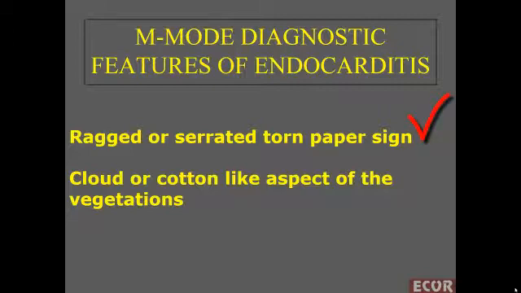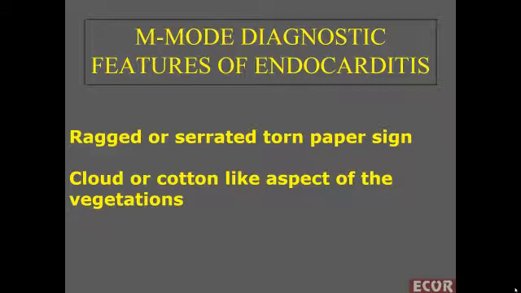This is the so-called ragged or serrated torn paper sign. The other sign is the possibility to better evaluate the internal structure of the vegetations, the so-called cloud or smudge or cotton-like aspect of the vegetations.